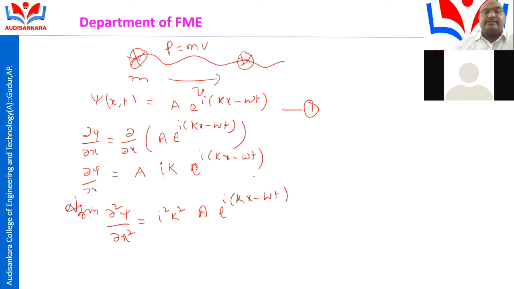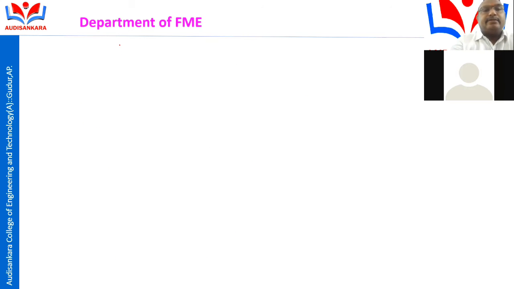My dear students, A e power i(kx minus omega t) is the term psi, so dou square psi by dou x square is equal to i square k square psi.